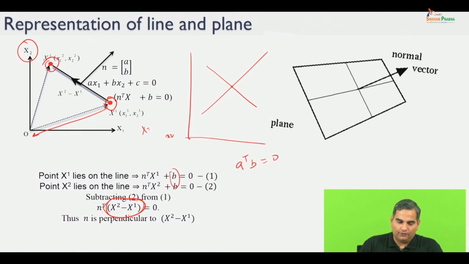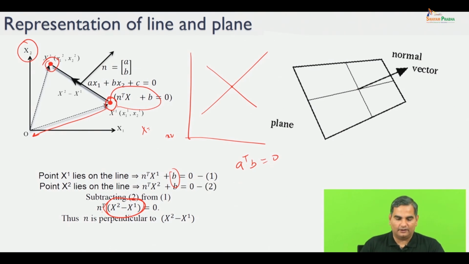Now, if you want to extend this and ask the question, if I have one equation in a 3-dimensional space, what does that represent? The form of the equation will be very similar.